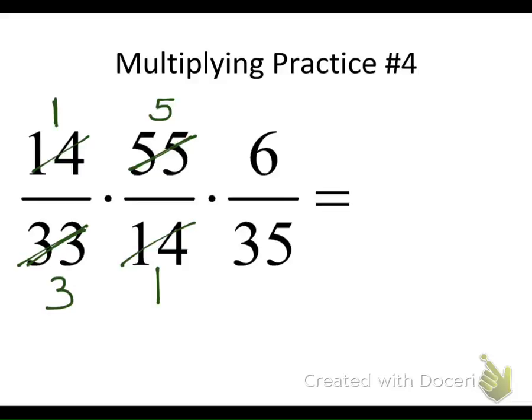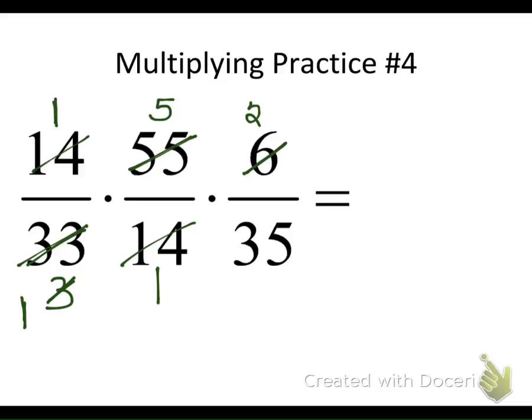What are they both divisible by? 3. So 6 divided by 3 is? 2. 3 divided by 3 is? 1. Okay. So we have 1 there.